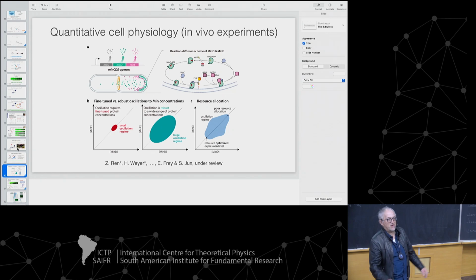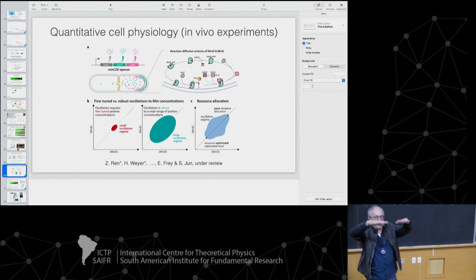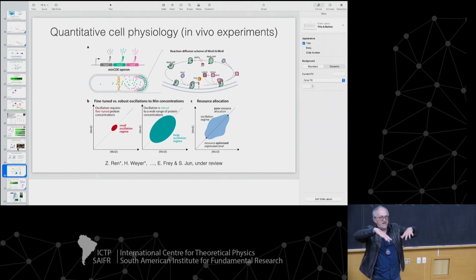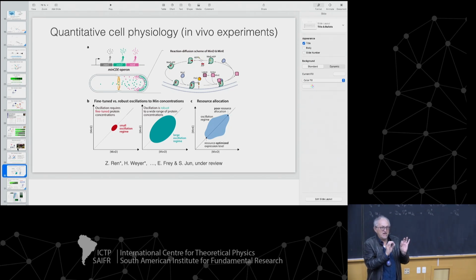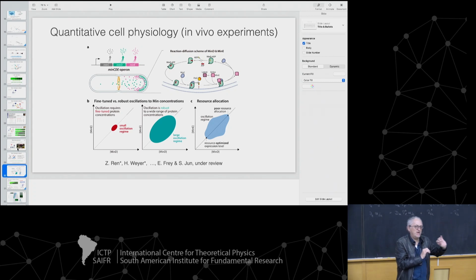And there are fluctuations coming from attachment and detachment. And there are other kinds of fluctuations. So it will not be easy from the signal to really infer specific types of correlation functions, which you want, right? You want to have a correlation function for the MinDE bound to the membrane, the MinD bound to the membrane, or those that are in the cytosol.